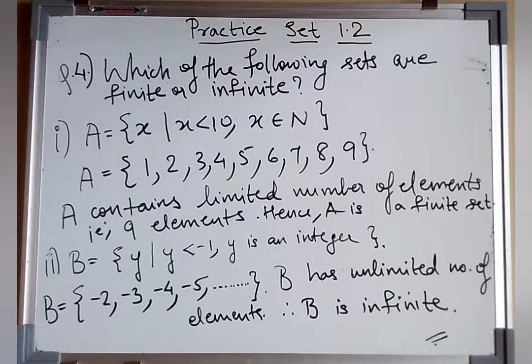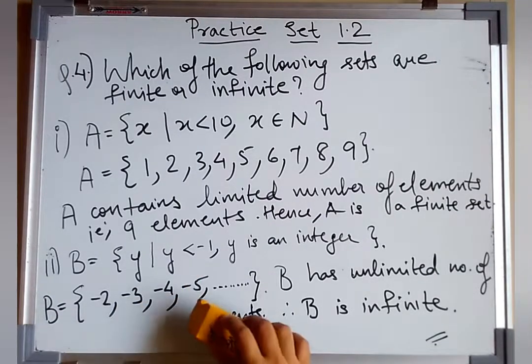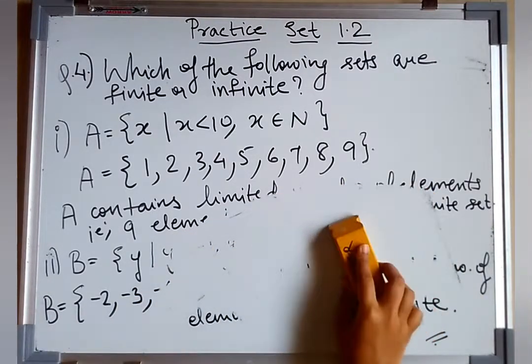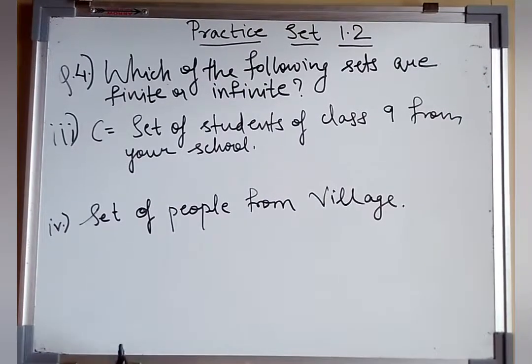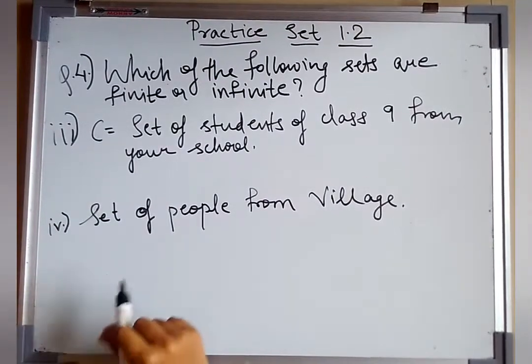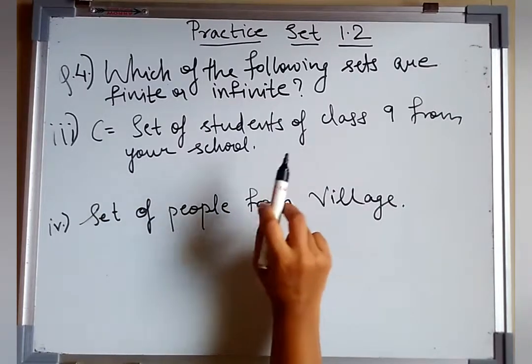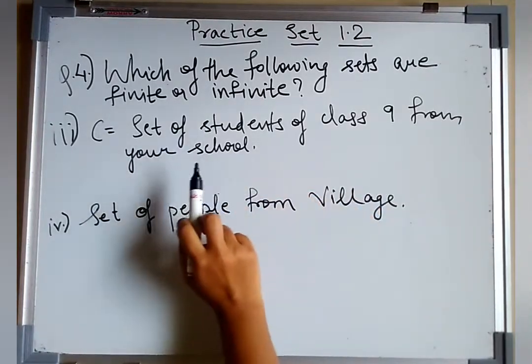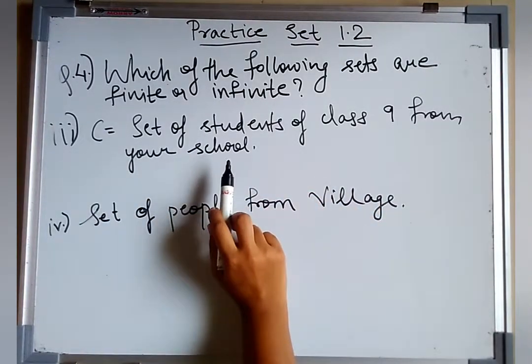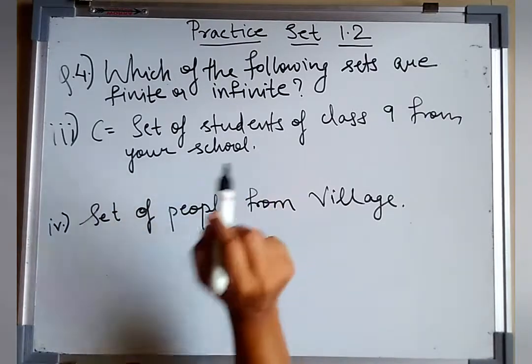Okay, so let's get into the third sub question. The third sub question says C is the set of students of class 9th from your school. Now we have to decide whether this set is finite or infinite.